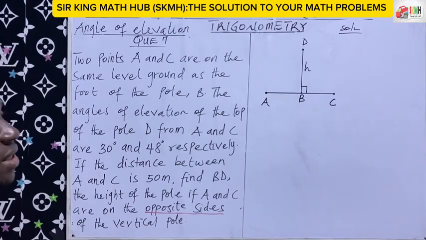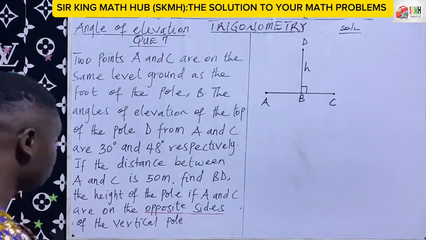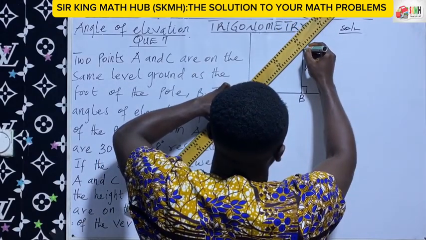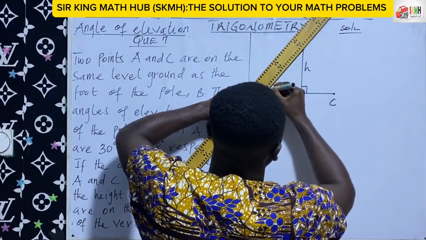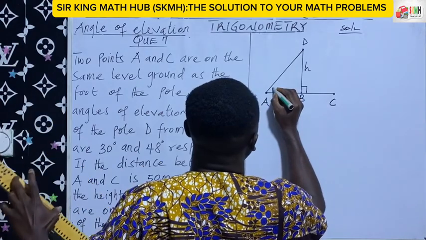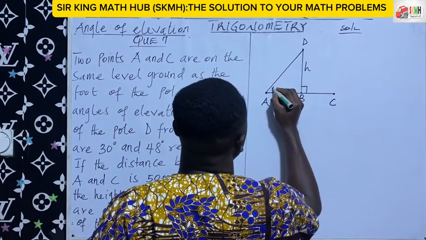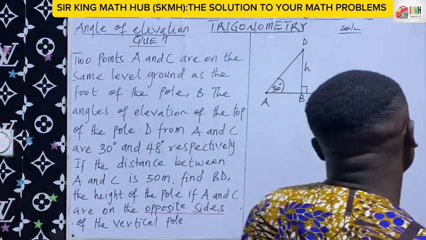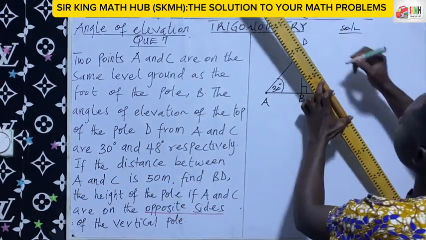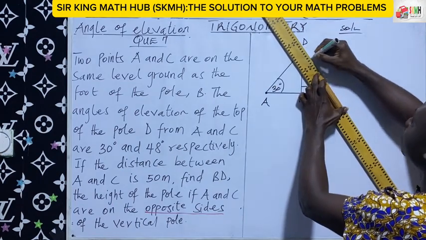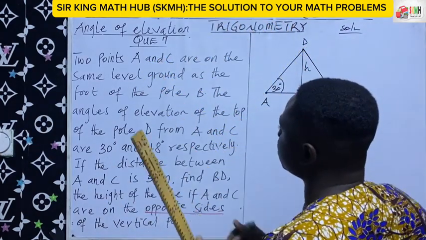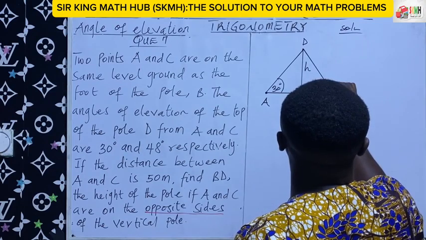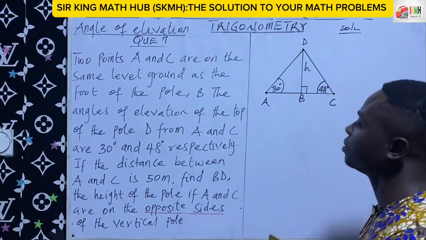So with this, we can measure the angle of elevation. So as we saw from the question, the angle of elevation of the top of the pole from the point A measures 30 degrees. Again, when we measure the angle of elevation of the top of the pole from point C, that should give us 48 degrees.